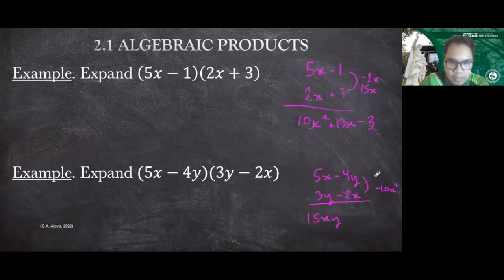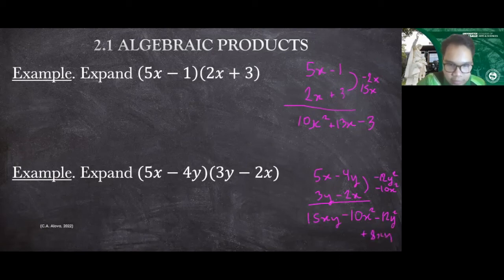So that's going to be negative 12y squared. Now notice, we cannot add these two, okay? Since they are of different terms. So we cannot add them, we just simply need to copy it. So we have negative 10x squared minus 12y squared. And then vertically, negative 4y times negative 2x is going to give us positive 8xy.